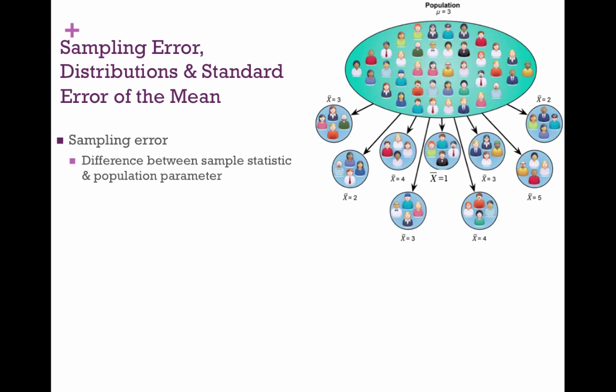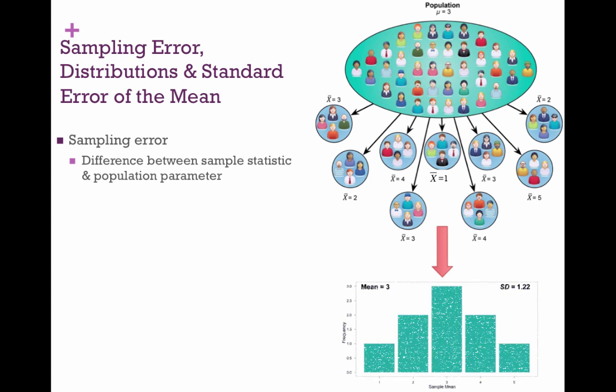If we take each of these sample means and plot them on a frequency table, on a sampling distribution, we would get something that looks like this. Each of these 9 samples gets plotted and we see a normal distribution, and we see that the average of each of the samples represents the population.